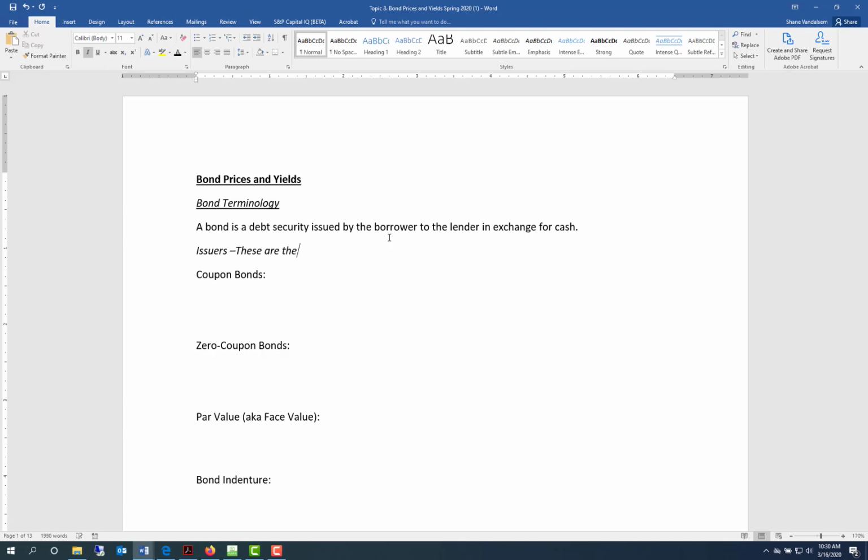These are the firms that issue the bonds and receive the proceeds from the issuance. So for example, if you buy a Walmart bond, well, the original issuer of that bond was Walmart. If you buy a bond issued by Apple, they're the issuer. The counterparty to that is going to be your investor, and that's also going to be the bondholder.